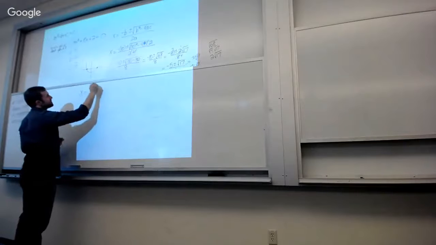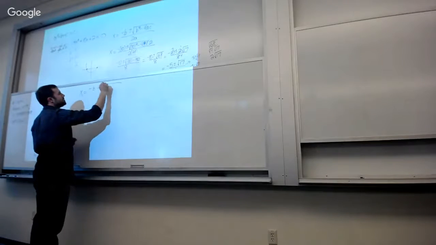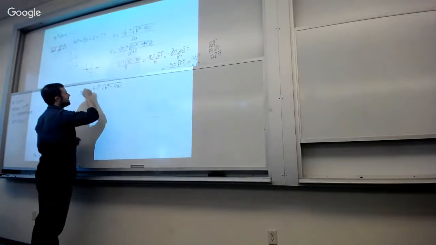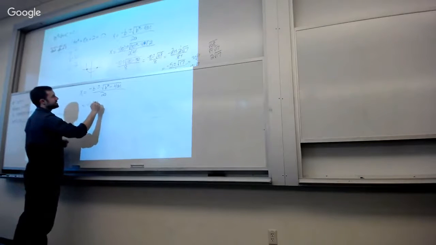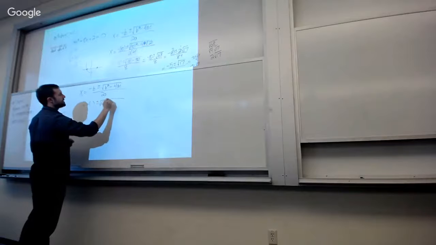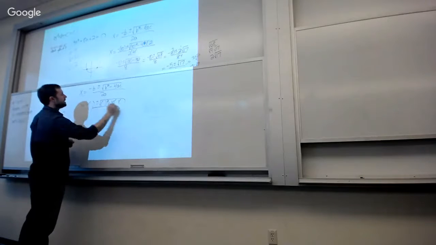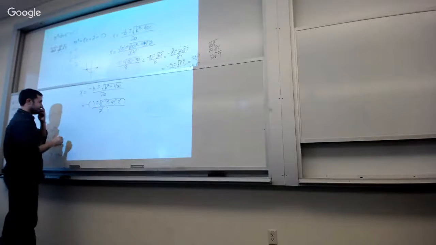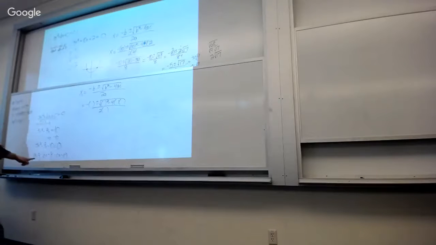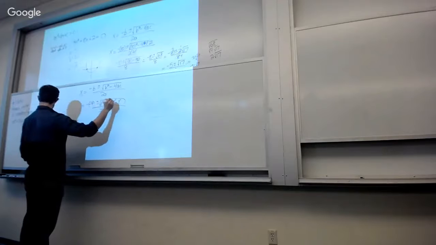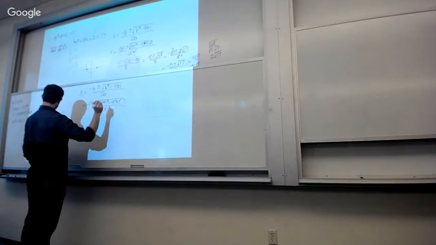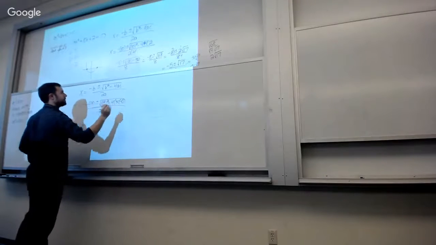We have negative b plus or minus the square root of b squared minus 4ac all over 2a. And then my numbers: b is negative 9, a is 3, and c is negative 10.